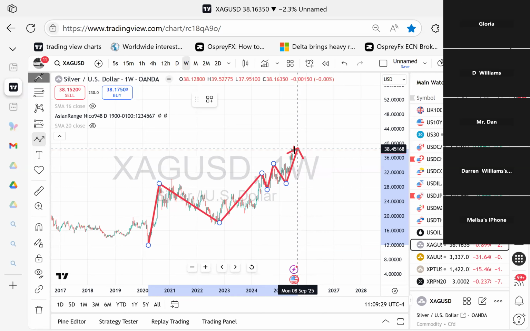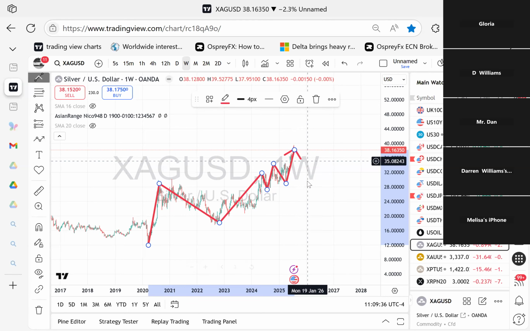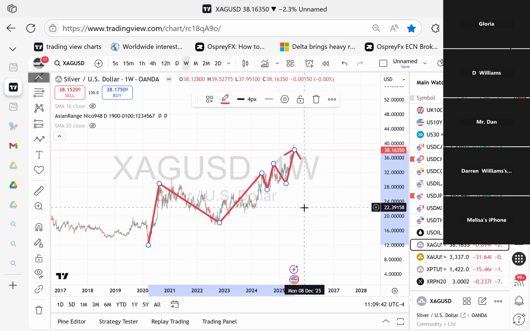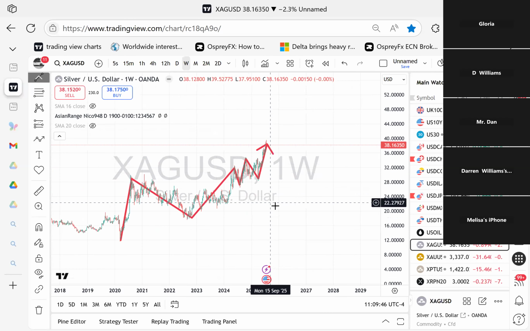So this is the structure on the weekly. Yeah, I agree. This red line is so thick though. It doesn't matter. I just want the overall structure, right?